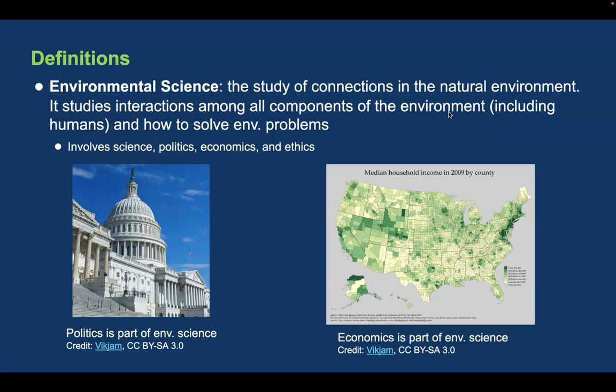Okay, so then lastly, we have this definition of environmental science. Environmental science is the study of the connections in the natural environment. It studies interactions among all components of the environment, including humans, and how to solve those environmental problems. So when we look at environmental science, it is more of an interdisciplinary study.